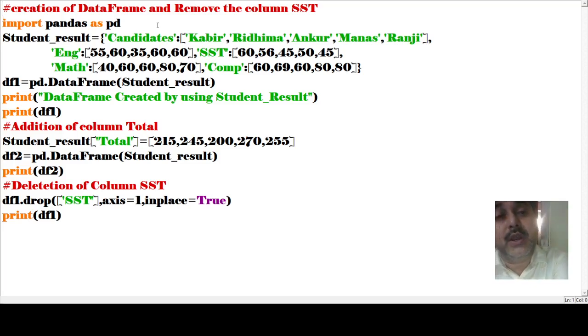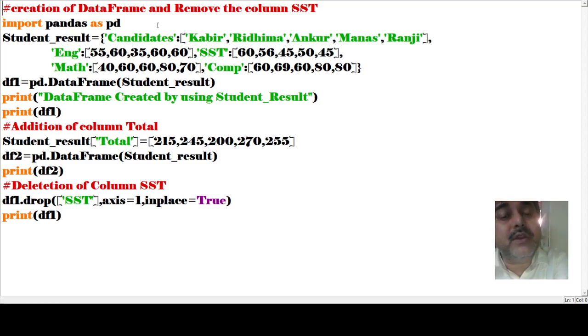Now I have created one dictionary, student result. In this student result we have the candidate names, then some English marks, some SST marks, the maths marks, and the computer marks.